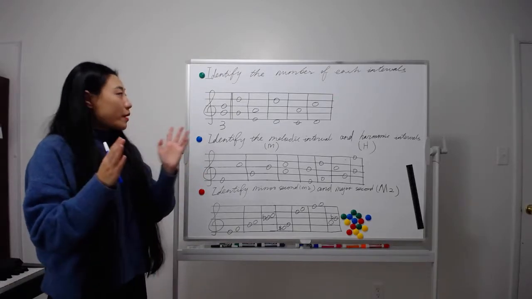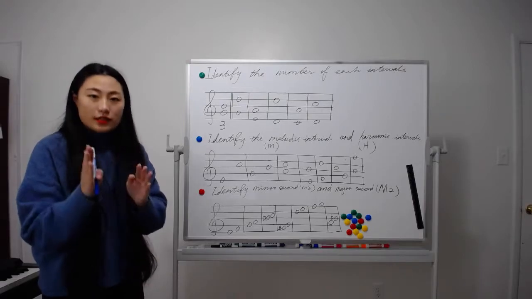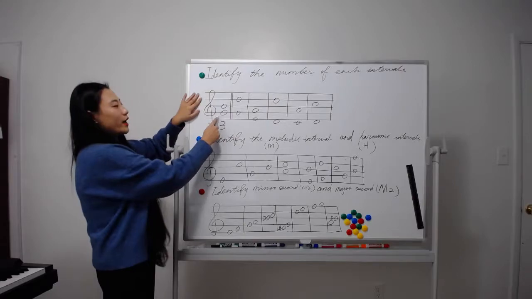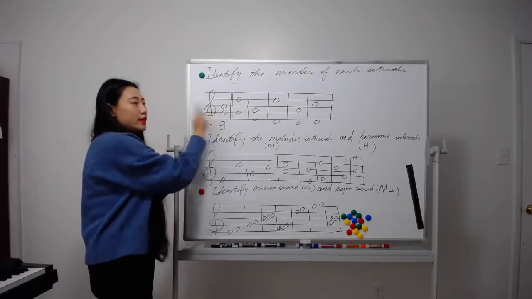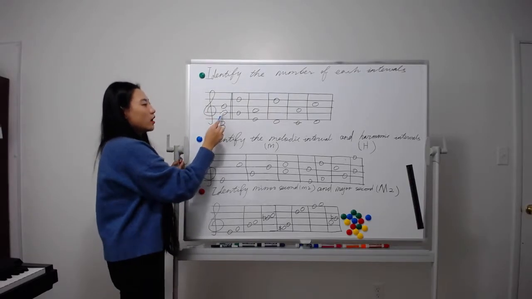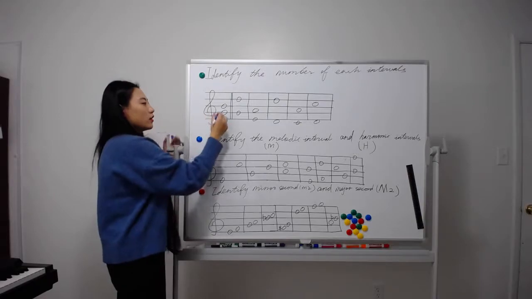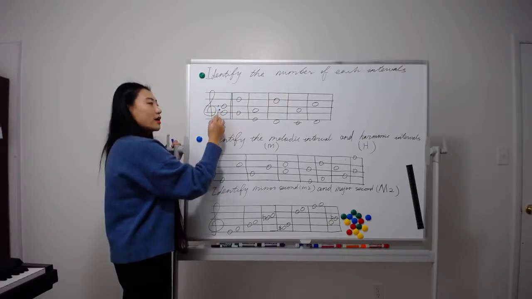Remember to count both lines and spaces. So we will do the first one together. G to B. Let's count together. G, 1, 2, 3. See, count both lines and spaces.